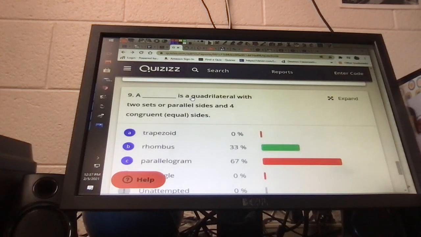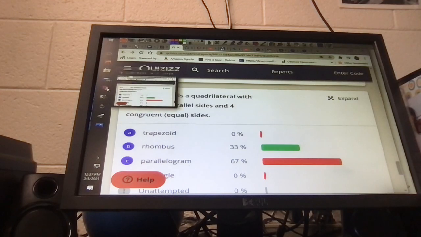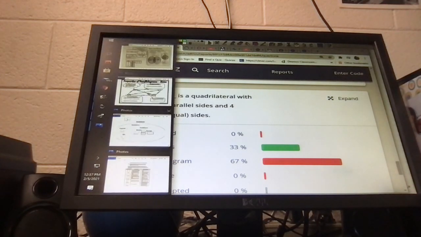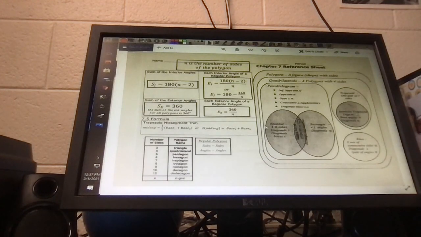Number 9 says the same thing, a quadrilateral with 2 sets of parallel sides. That means square, rectangle, rhombus, and 4 congruent sides. A square does have 4 congruent sides, but the definition would be just a rhombus. So here's, if you have the diagram, if you want to highlight, you can highlight.